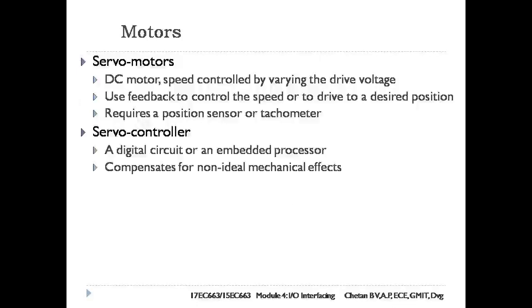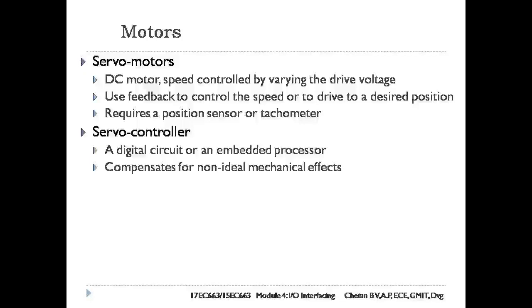Servo motors. These are meant for continuous rotation. The motor itself can be a simple DC motor in which the applied voltage determines the motor speed, and the polarity of the applied voltage determines the direction of rotation. The servo motor function of the motor involves the use of feedback to control the position or speed of the motor.